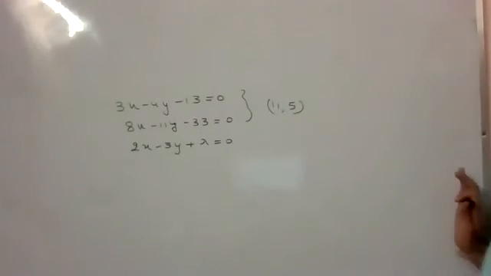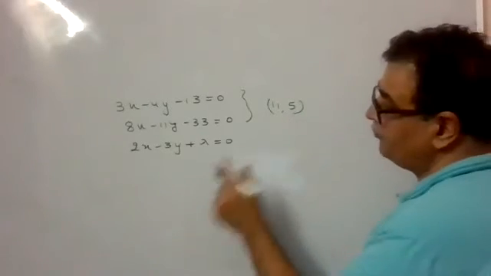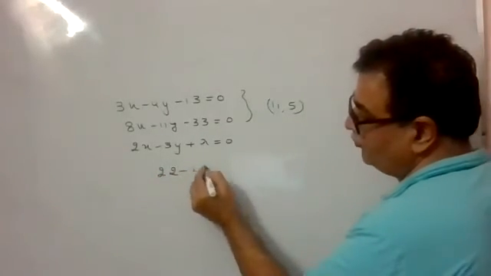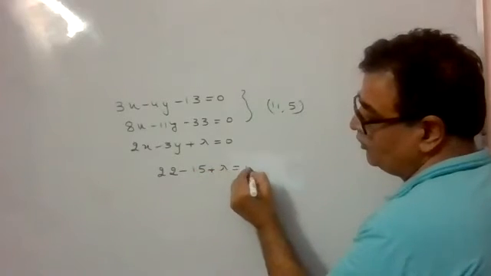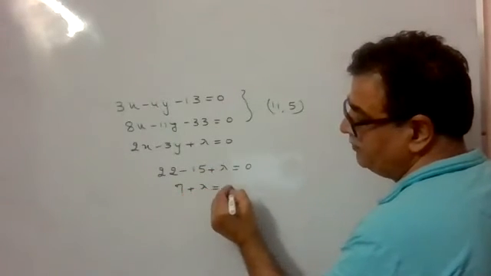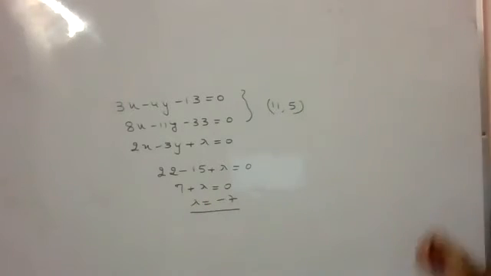Then as the lines are concurrent, 11, 5 will satisfy here. So 22 minus 15 plus lambda comes out to be 0. What will it come? 7 plus lambda equal to 0. Lambda is coming minus 7. Next question, please.